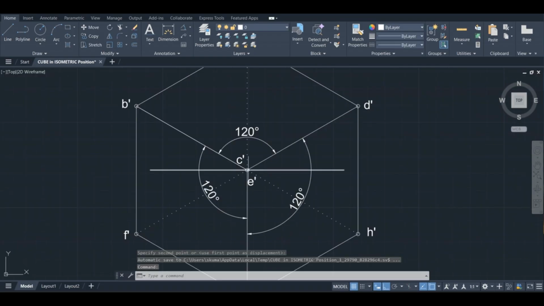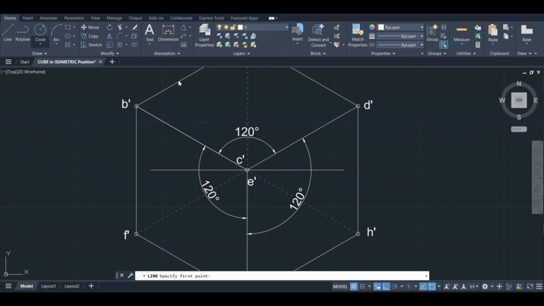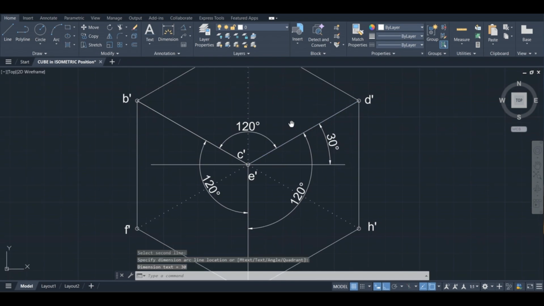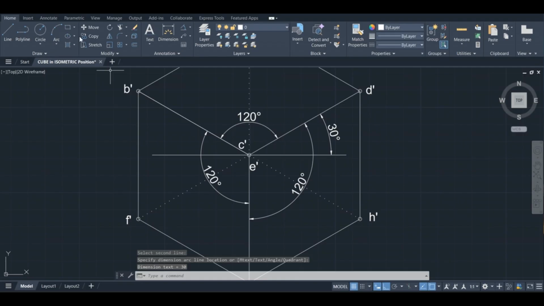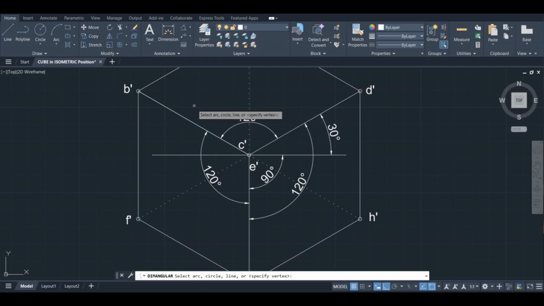If I draw a horizontal line at this point, with respect to this horizontal line, this isometric axis makes an angle of 30 degrees. That means this horizontal line is obviously perpendicular to this vertical, so here it is 90 degrees. Right, 120 minus 90, that is 30 degrees. So similarly this side also it comes to 30 degrees.